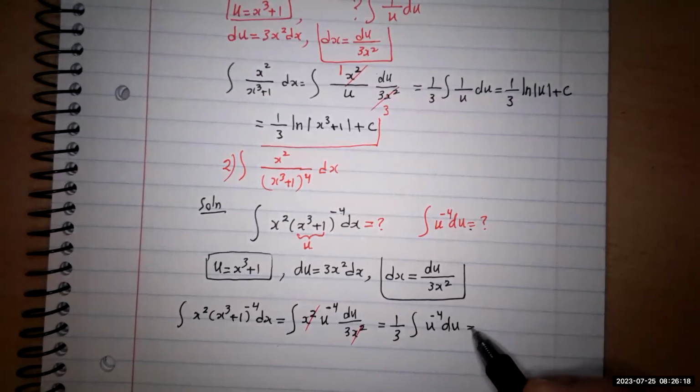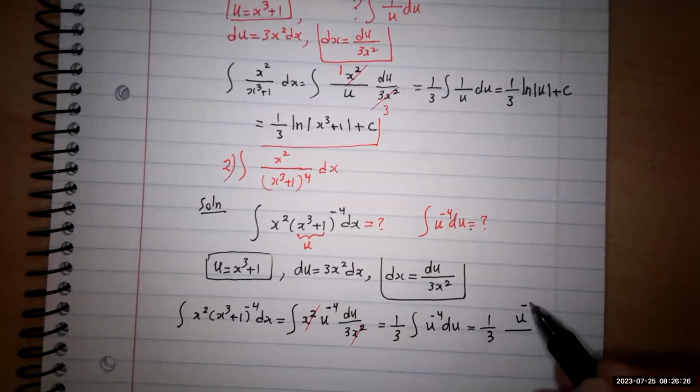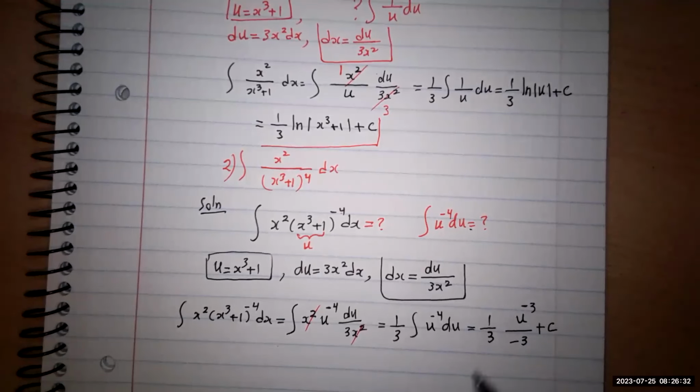So it's going to be equal to 1/3, power up. It's going to be u to the -4 plus 1, which would be -3, over -3, plus the constant c. So you have to take care of these. 3 times 3 would be 9. So this is going to be equal to a negative, on the top we get 1, down the bottom we get 9u cubed, plus c.